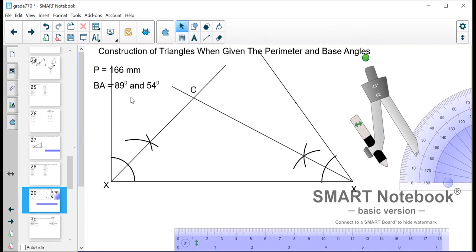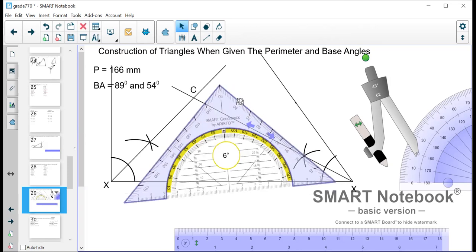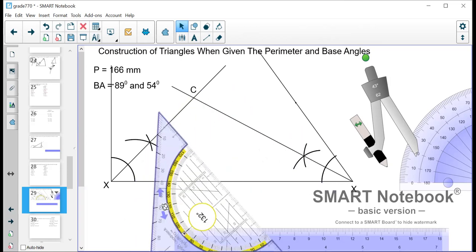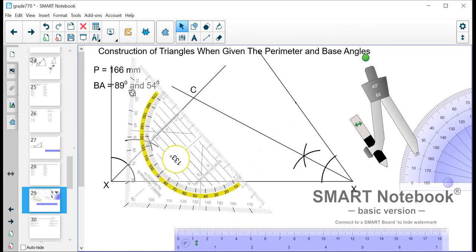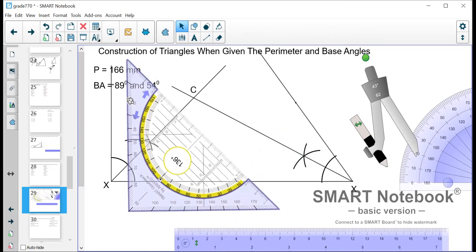Now, what we need to do is obtain a line parallel to this first angle that we drew, right? We need to obtain a line parallel to this angle from C coming downwards. Now, if you can remember from a few lessons ago, we use the set square to obtain parallel lines through the process called sliding, right?